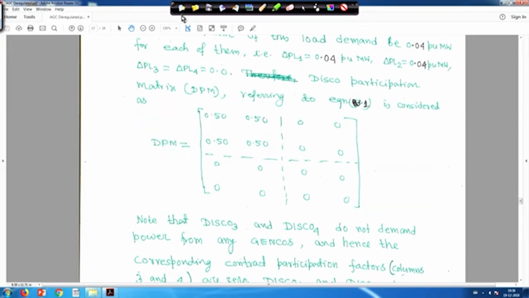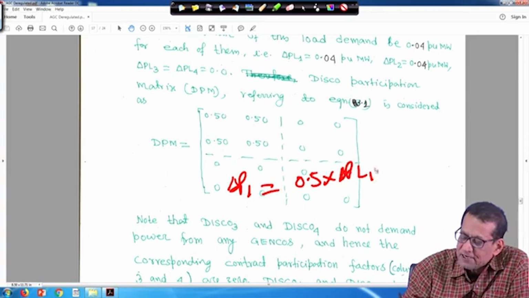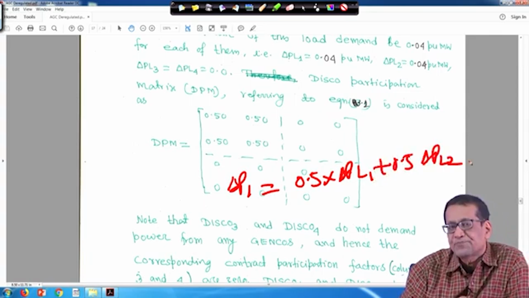Therefore, you can write directly from here that delta P1 is equal to 0.5 into delta PL1 plus 0.5 into delta PL2.